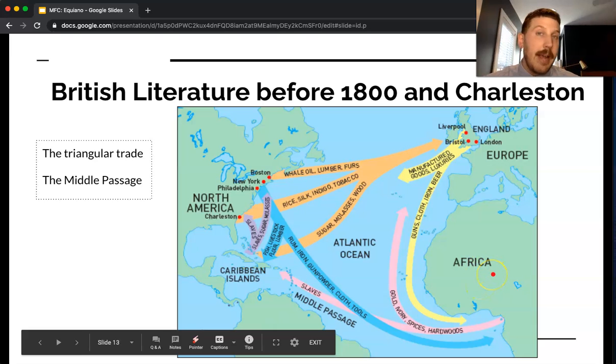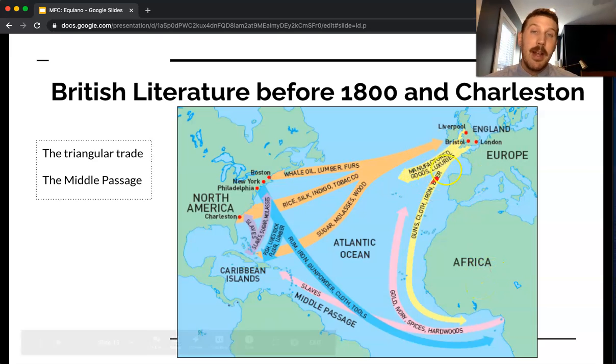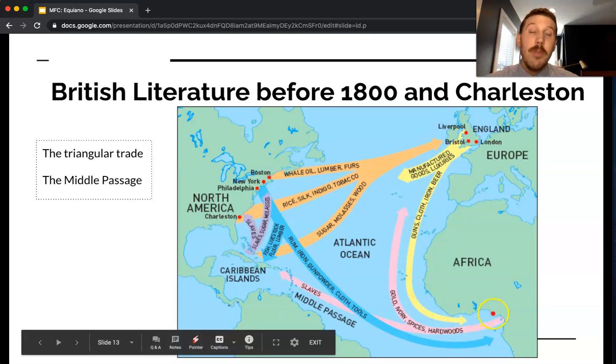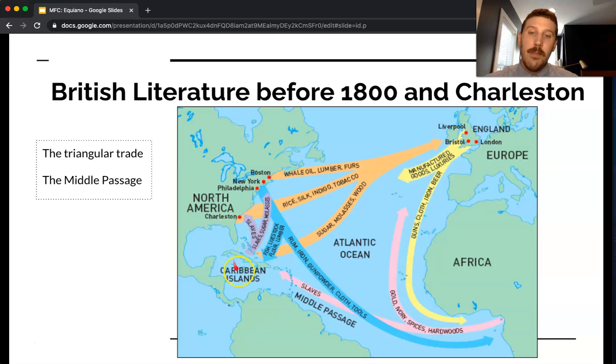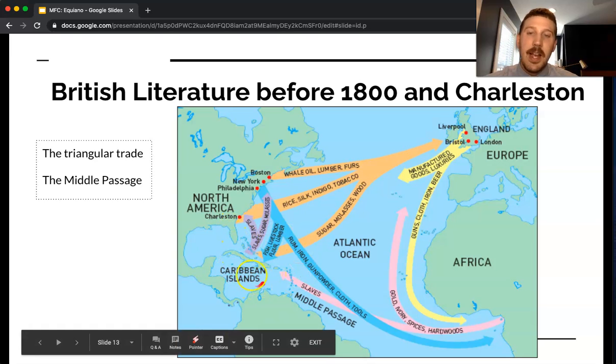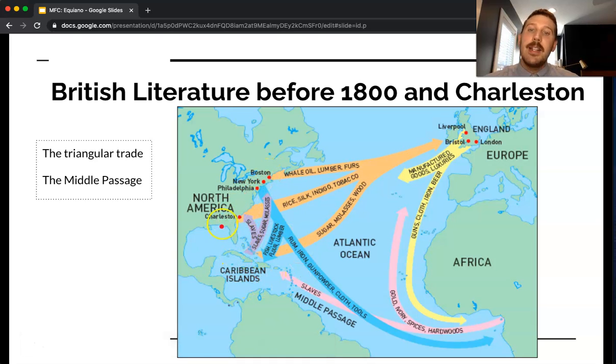Then they would use those same ships that were previously carrying these manufactured goods to carry humans across the Atlantic Ocean to the West Indies, the Caribbean, North America, and then again, they would exchange. They would sell their enslaved people and then load up with the products from the colonies and bring those back to England or to Europe.